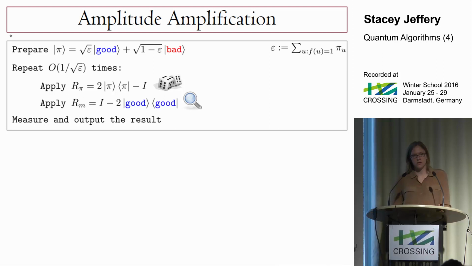More generally, the analysis that I showed you applies to the following situation, which is a bit more general than Grover's algorithm: we prepare some state which has square root of epsilon amplitude on some good state. So this would correspond to correct outcomes, or outcomes that we actually want. And then the rest of the amplitude is on some bad state that we are not interested in.